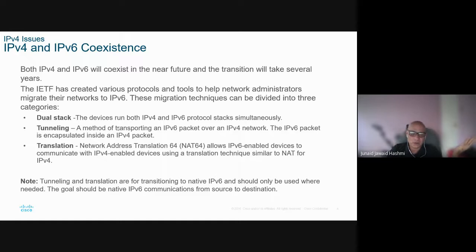There are also firewalls, which are very expensive pieces of hardware and software. Companies using IP version 4 are using IP version 4 firewalls, so if they migrate to IP version 6, they have to replace their firewalls. That can also cost a lot of money.